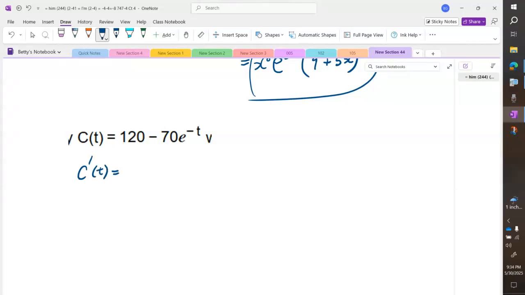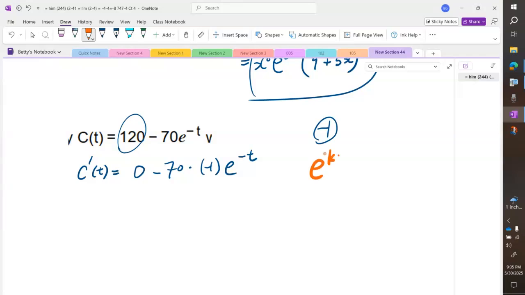C prime of t: the constant, so the derivative is 0, right? Keep the coefficient -70, and the derivative of e to the power of negative t is -1 e to the power of negative t. -1 here is the k. Earlier I gave you the formula. So here we don't have x, but we have t as the independent variable, and the k is -1. -1 e to the power of negative t.